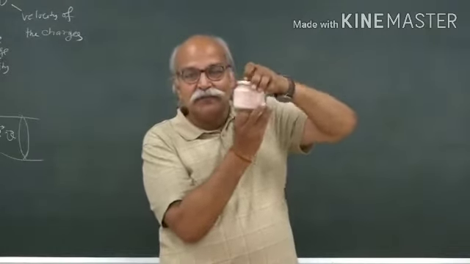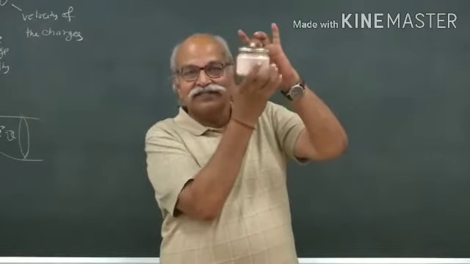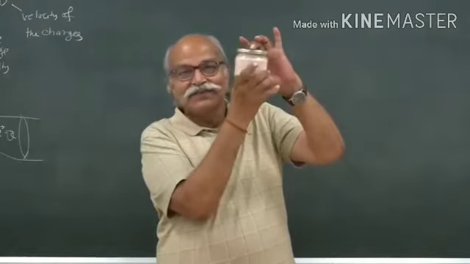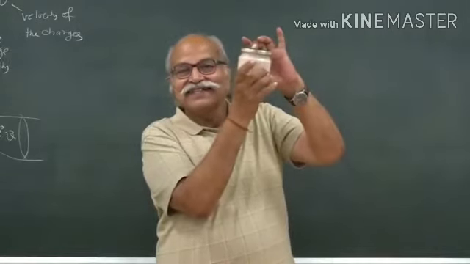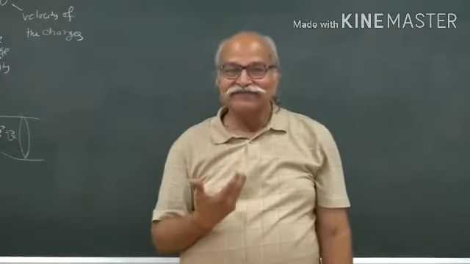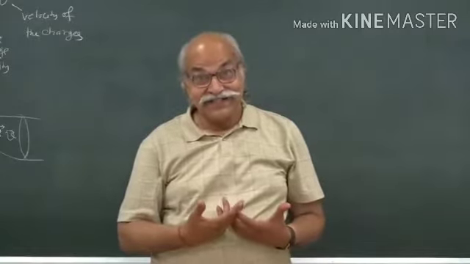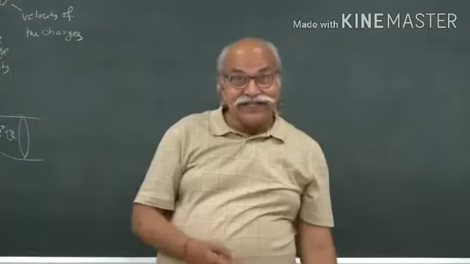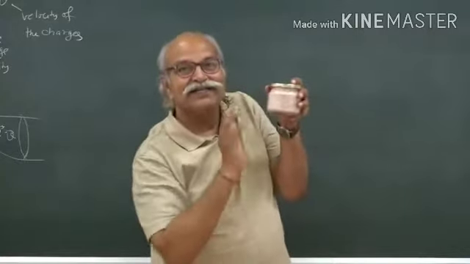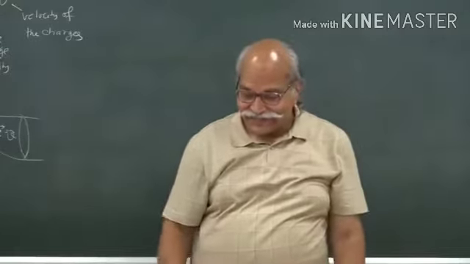Now, suppose I rotate this about its axis like this, with some uniform angular velocity omega. So, the entire charge is moving. Is there a current? Yes, there is a current. Take any area inside this, and the charge is crossing that area, and so there is a current, volume current density.